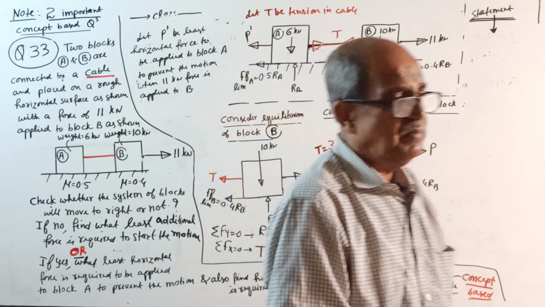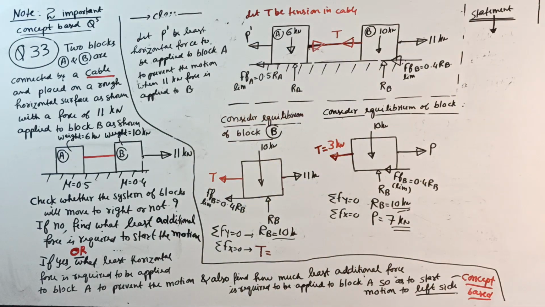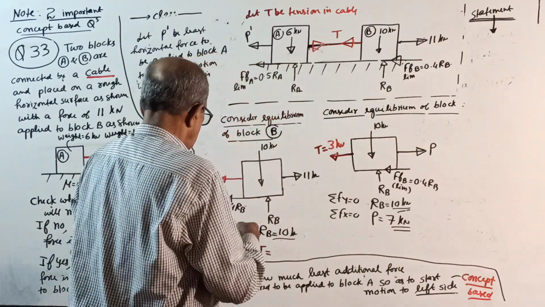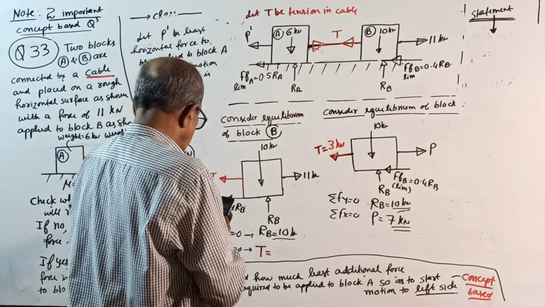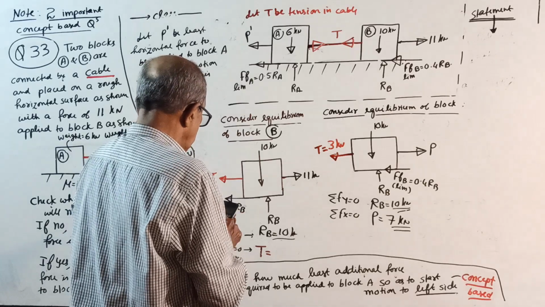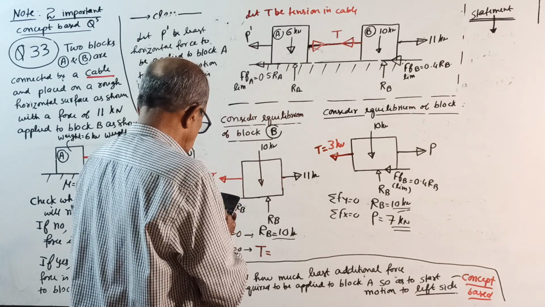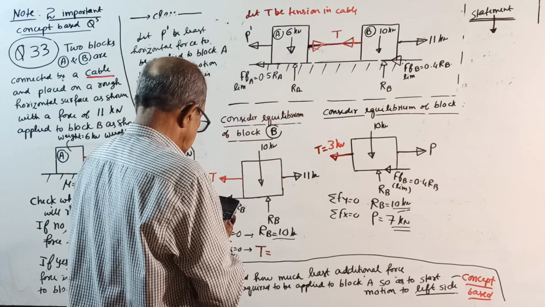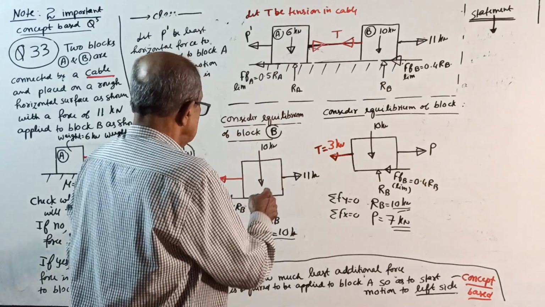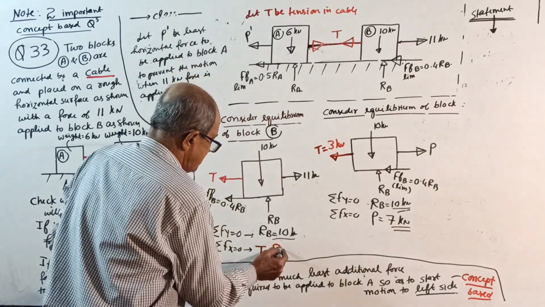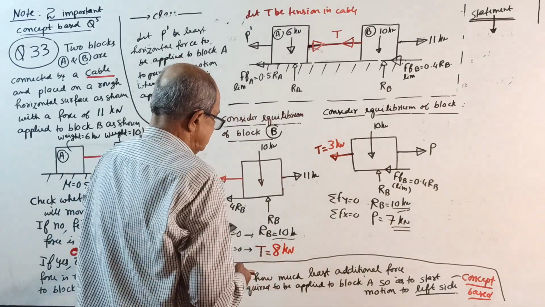I will calculate, not a big issue. 0.4 into 10 is 4 kilonewton. That is 11. So it will come 8 kilonewton.